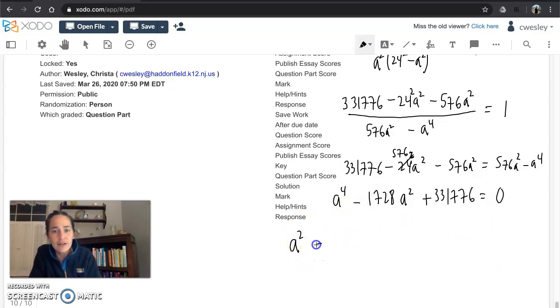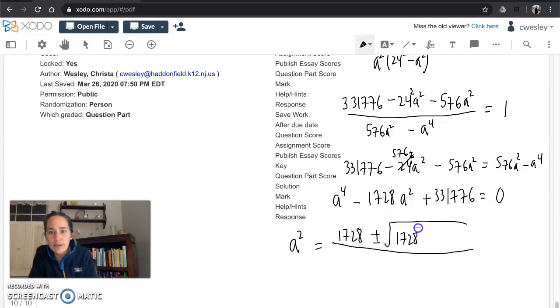The answer that we're going to get isn't going to be a, it's going to be a squared. But we can still use the same a, b, and c as in the quadratic formula. So opposite of b, 1728, plus or minus square root of 1728 squared minus 4 times 331776, all over 2.